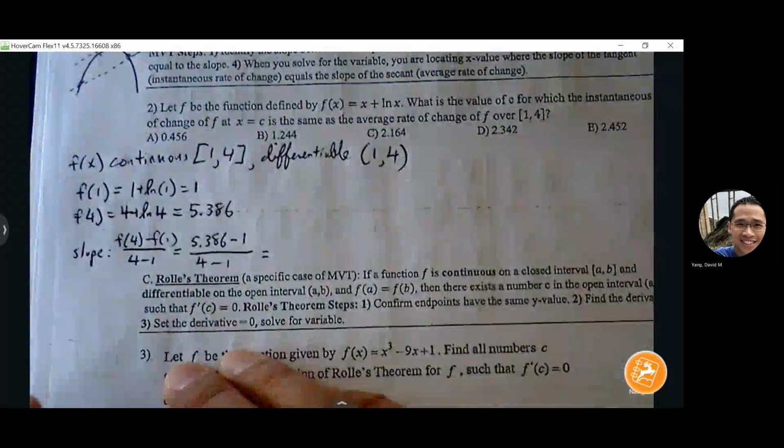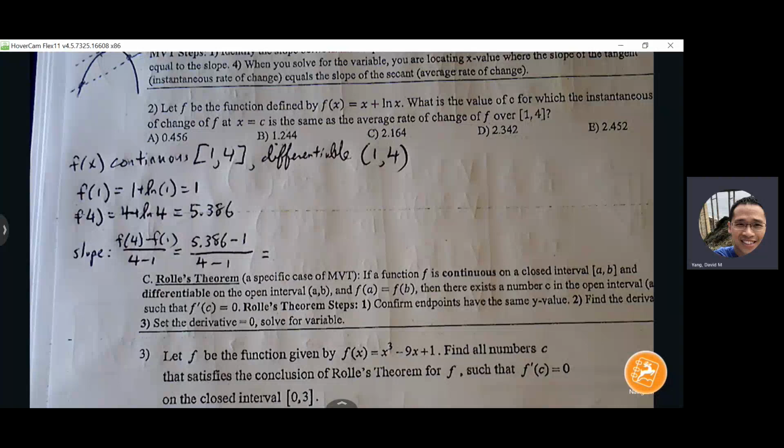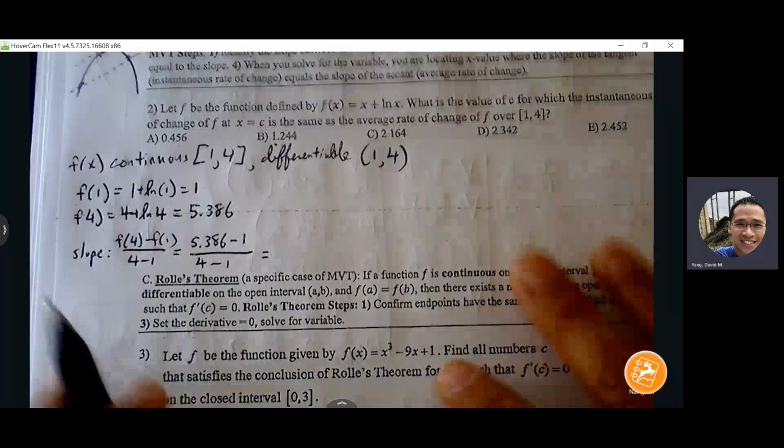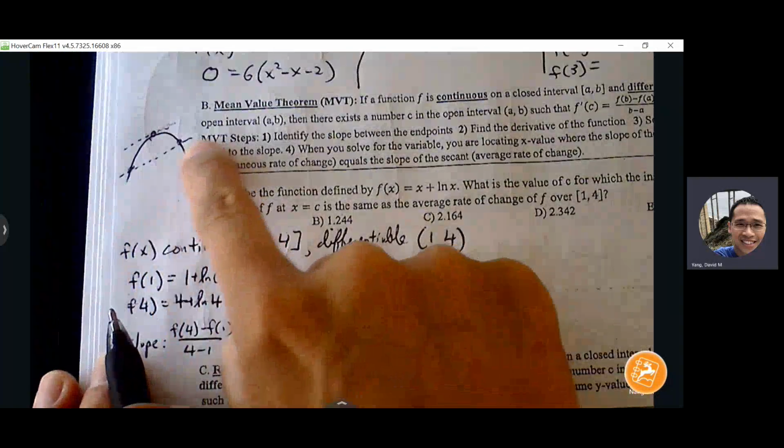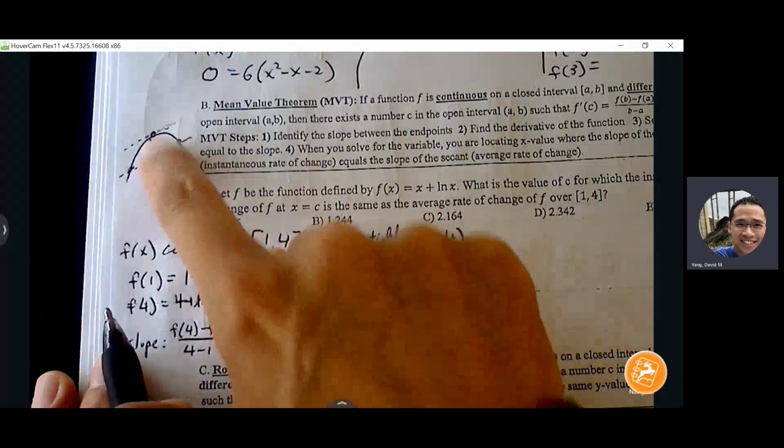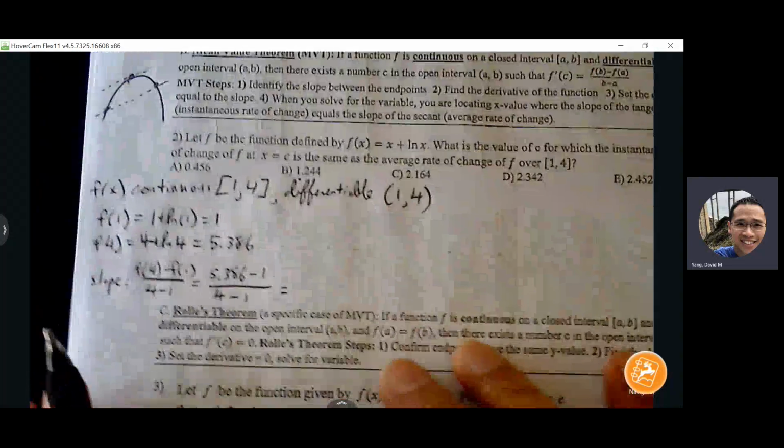We're basically trying to figure out what this number is first before we can match it with the derivative.